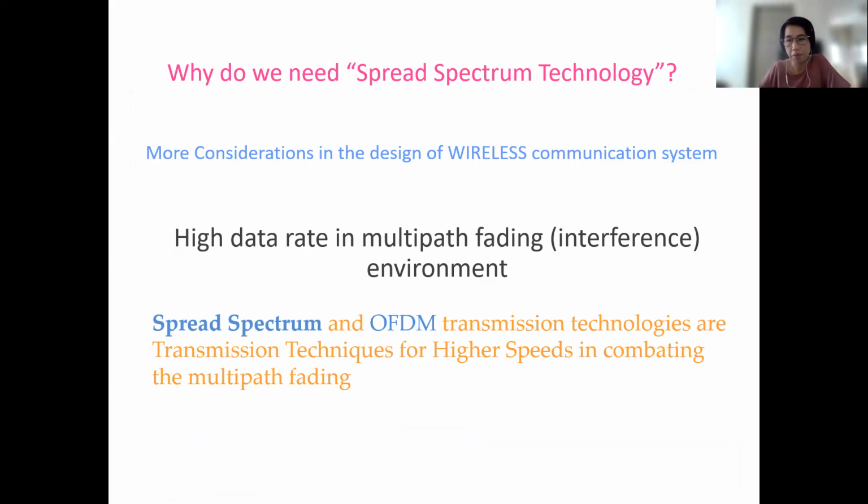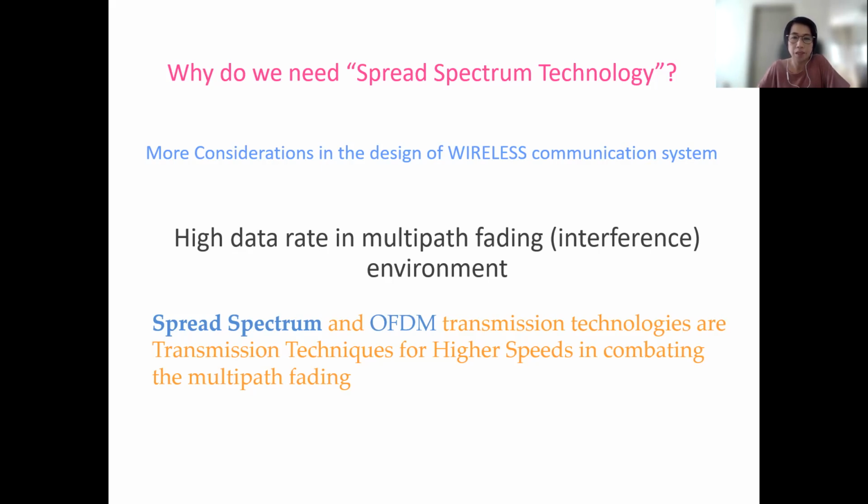Because in the environment, when you transmit the signal wirelessly, there are many causes of impairment. It can be noise in the hardware, or it can be distortion or attenuation from the distance, right? When the user moves away from the transmitter, the signal strength or power decreases, right?